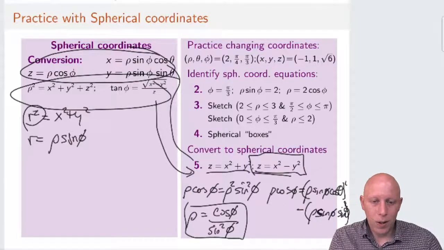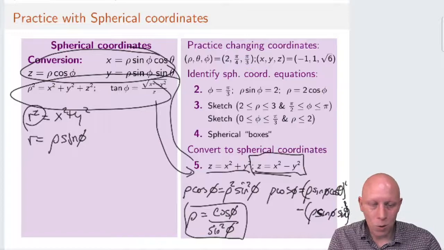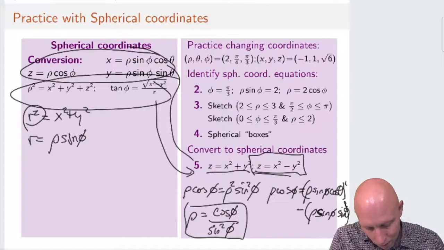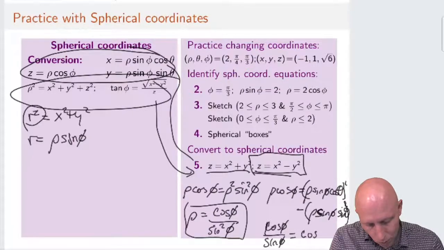And so if we factor out a rho sine of phi from both of those equations and divide, we get cosine of phi divided by sine of phi is equal to cosine squared theta minus sine squared theta.